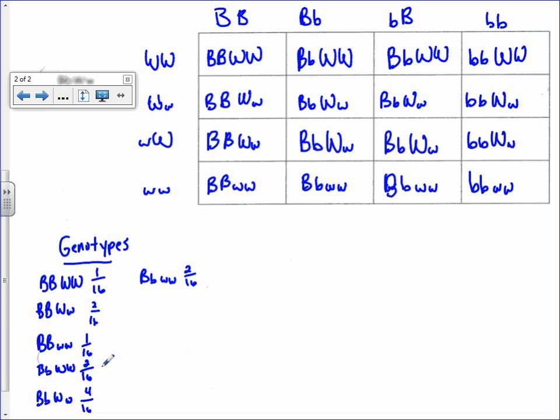Let's reduce some of these fractions. This one is going to reduce down to 1/8 of a chance. This one is going to reduce down to 1/4. And 2/16 is again 1/8. And for our last set of combinations, homozygous recessive and homozygous dominant, for that combination we only have 1.